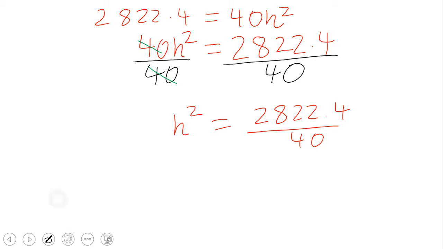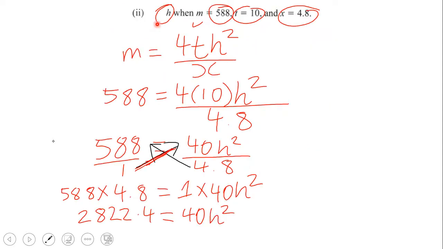So now we have 8 squared equals 70.56. Now, in order to get rid of the square on top, the reason why we want to do that is because our goal is to only have h. The question says, what is h? Not what is h squared.